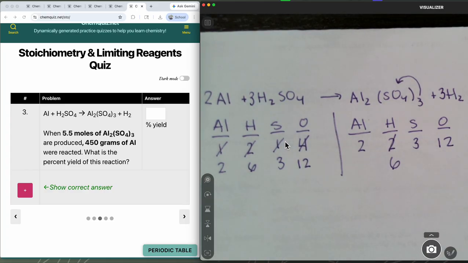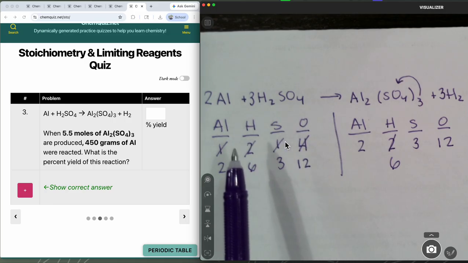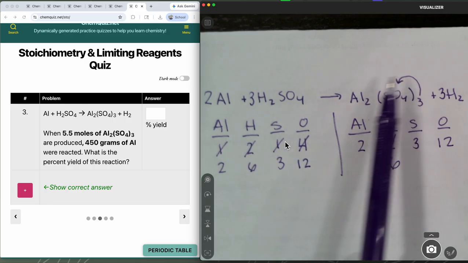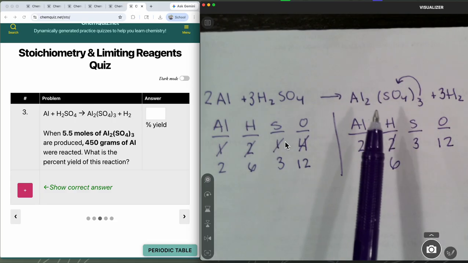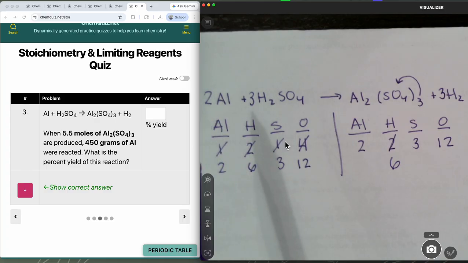Very well done. Okay. So now that you've done this, talk me through the problem, and I will point to what you're talking about as you talk me through it. So we have 5.5 moles of aluminum sulfate produced. So 450 grams of aluminum were reacted. What is the percent yield of this reaction? Okay. What are you thinking?